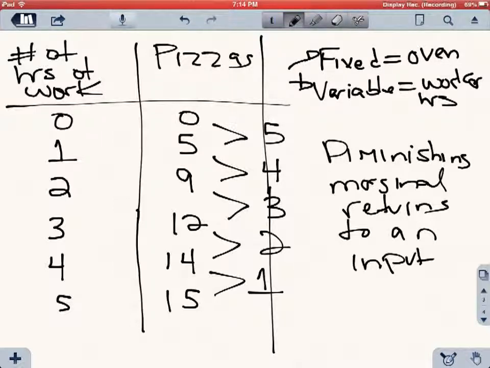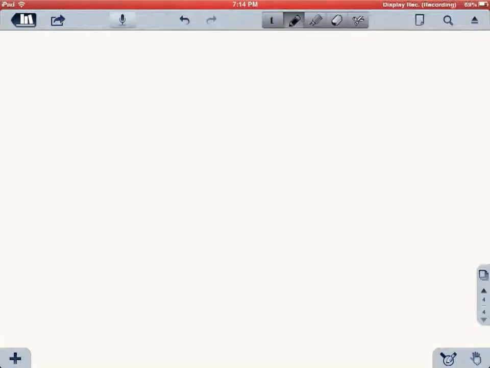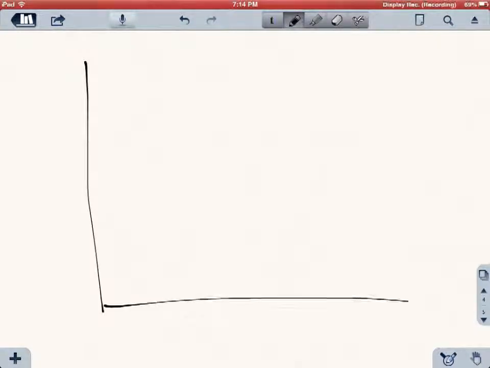So we can see this very easily in this case. Or we can also see it in a graph. If you have a graph like this, where you put the amount of workers here, and then you put your number of pizzas here, so that will be your output here.